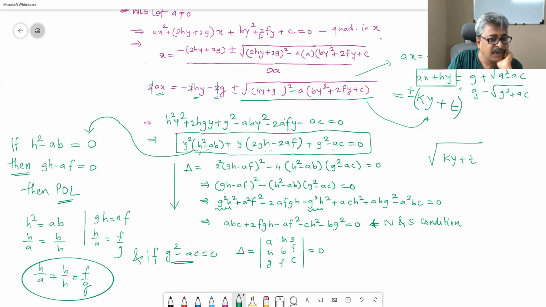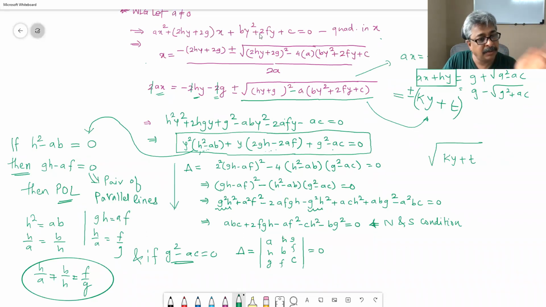So geometrically this is a pair of parallel lines. And along with these two conditions, if you happen to have g square minus ac also 0, then it is coincident. It's a pair of coincident lines.